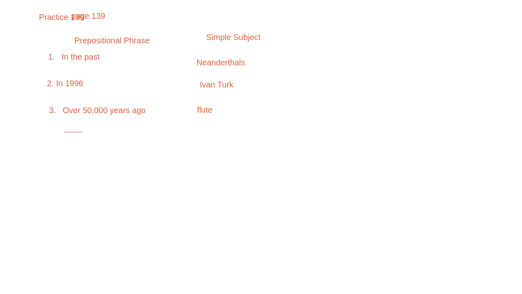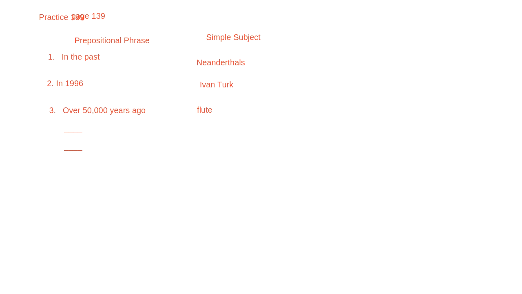Look at the top of page 139, and you see that blue box, common prepositions. When we have a prepositional phrase, we always start with a preposition. It will always start with one of these words, and then we have an object, or what we call an object noun, after that.